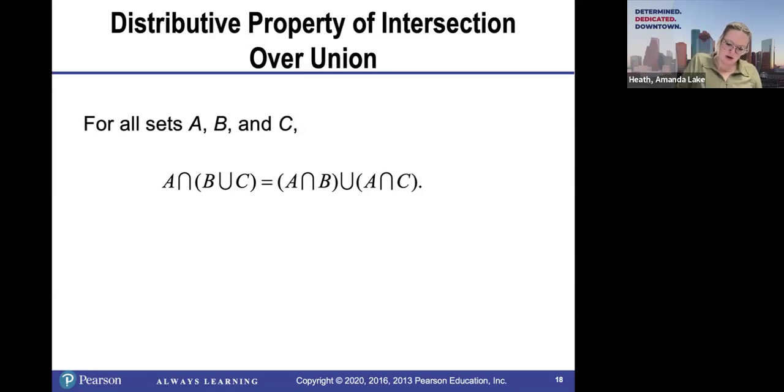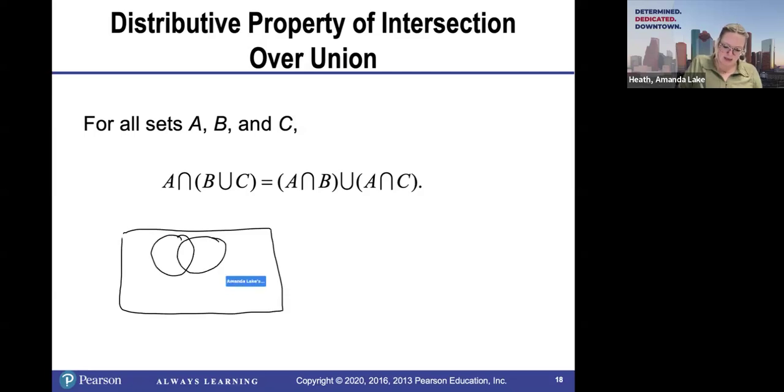If I want to draw A intersect B union C, so if I say A, B, C, and I want to intersect A, so if I highlight A, with the union of B and C, so the union of B and C is all of this.